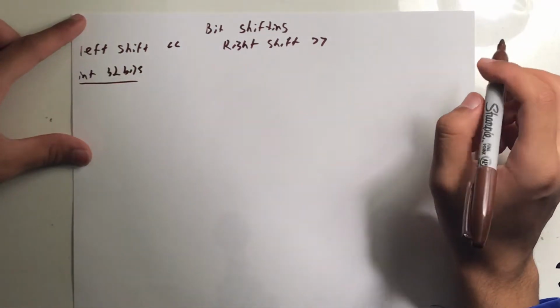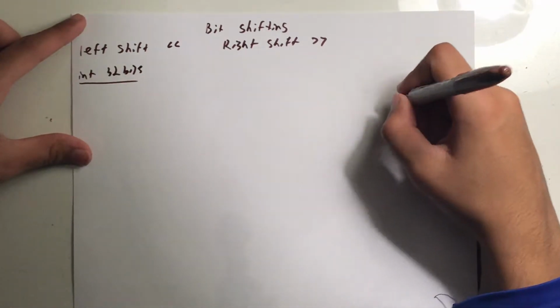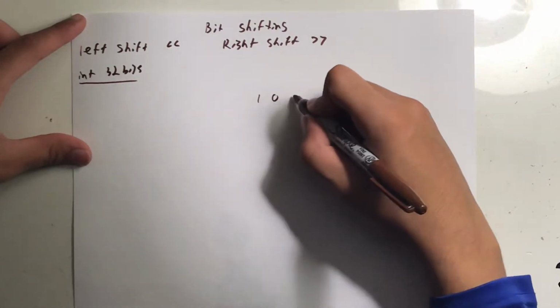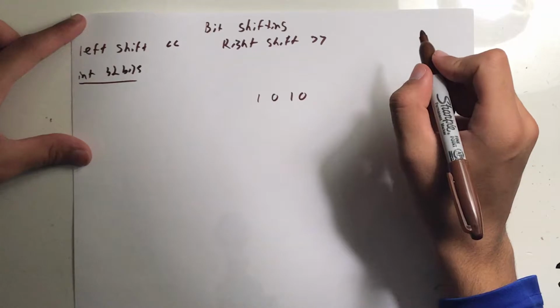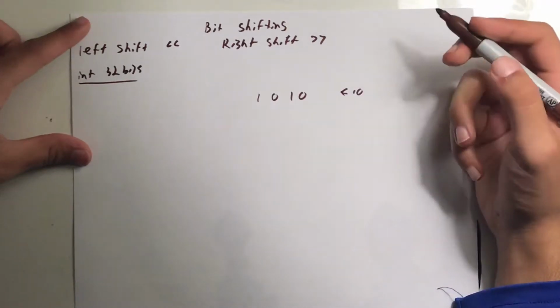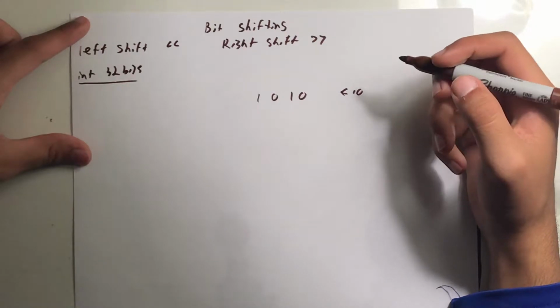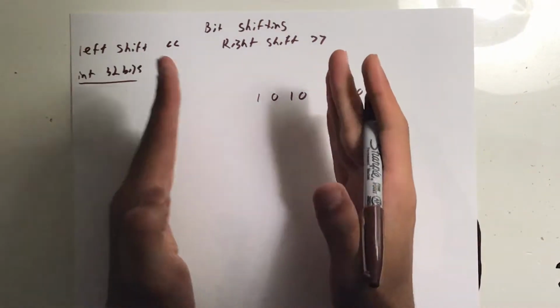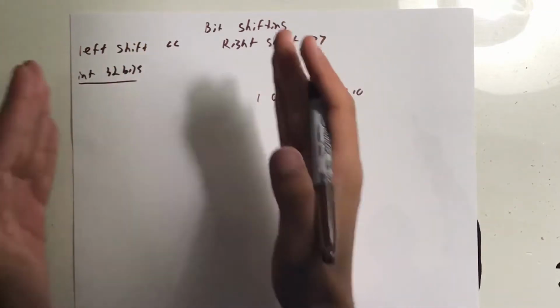And let's say we had the number 10, right? So the number 10 is 1, 0, 1, 0. Let's say we wanted to shift left one time. Basically, we're going to shift the number left once.